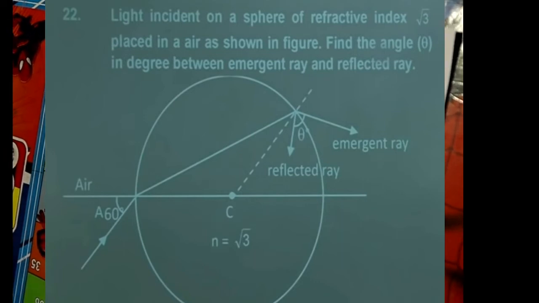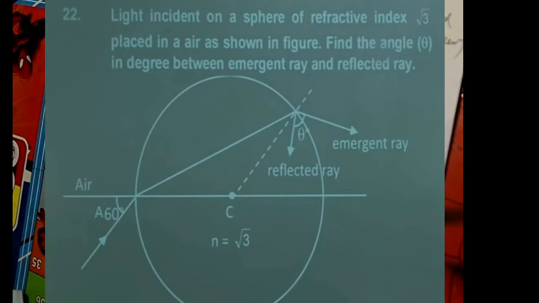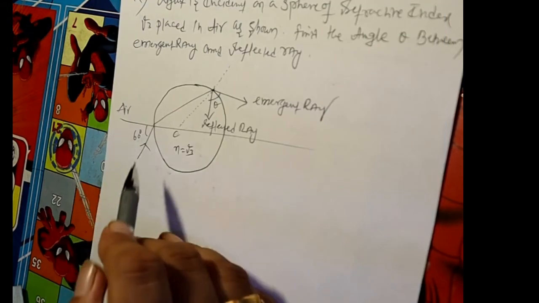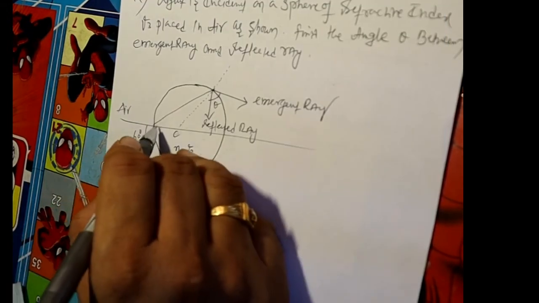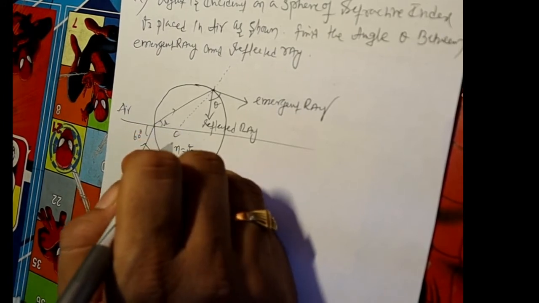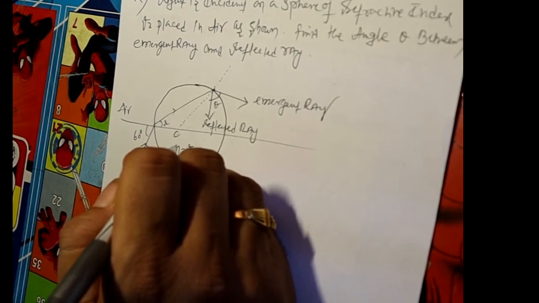So this is a light ray. This light ray is incident on a sphere at an angle 60 degrees and it enters into the sphere. This is the angle of refraction.